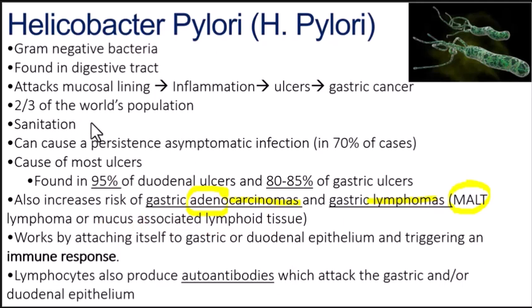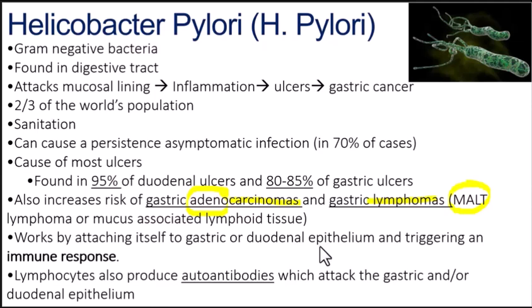Now, as I already informed you, H. pylori can cause a persistent asymptomatic infection in many people, so you can have it and not know it. And then others are not so fortunate. But in any case, H. pylori works by attaching itself to the gastric, so the stomach, or duodenal, the upper intestinal tract, epithelial tissue, and it triggers an immune response.